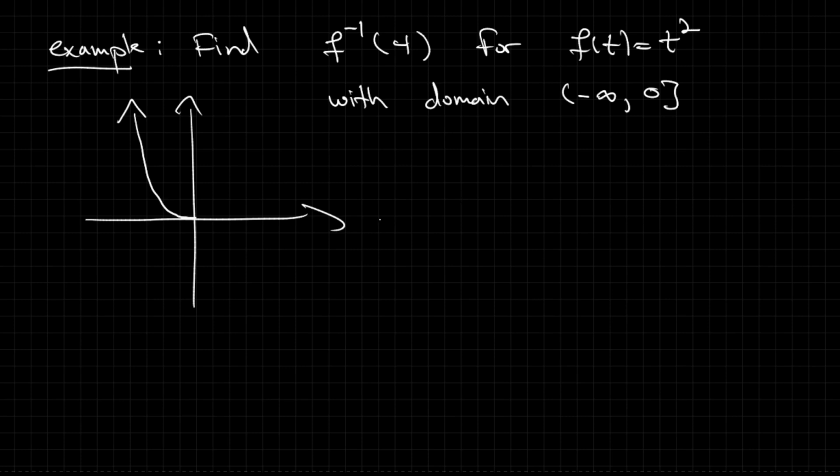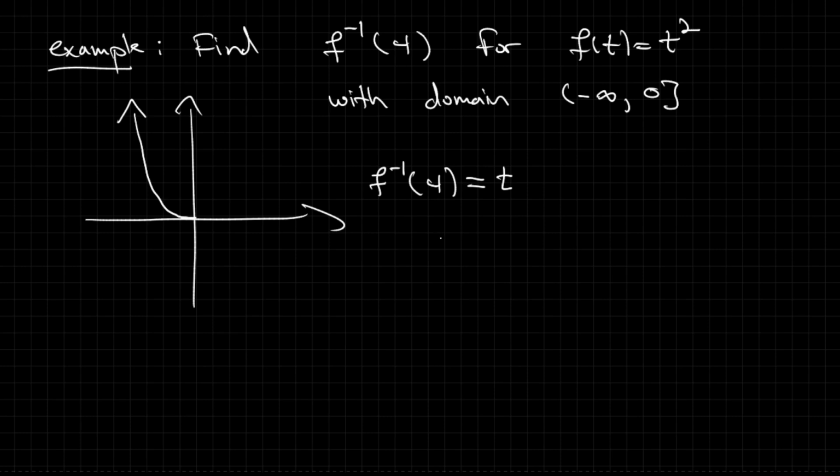So if I wanted to know what f inverse of 4 is, I can give it a label, and I'm going to give it a label which is t, because the output for the inverse function, remember, is like an input for the original function. So I give f inverse of 4 a label, t, and then I write what this means in terms of the original function.